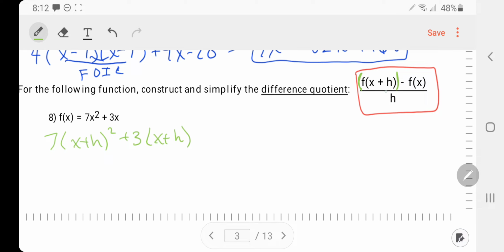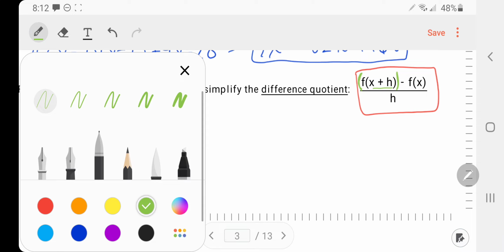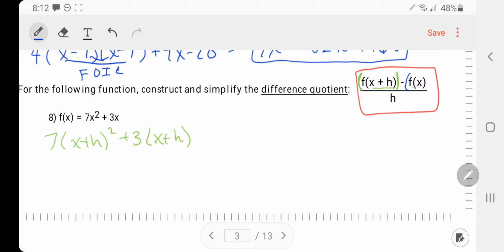And I don't know if you noticed what happened, but I took the x plus h and replaced each x with it in the function. So that is the first step. The second step is to do the minus f of x part, okay? So then we're going to say minus f of x, which is just the original function, and that is all over h.